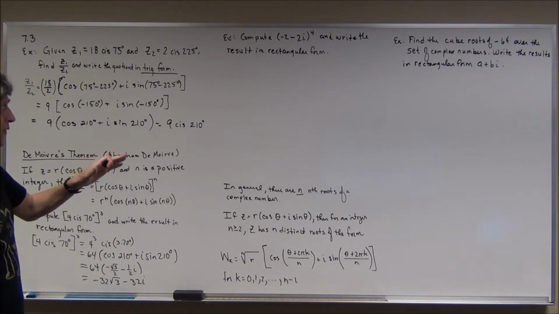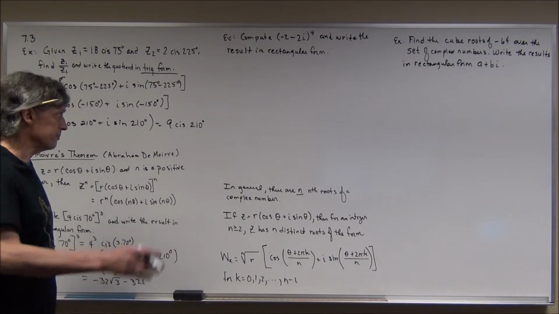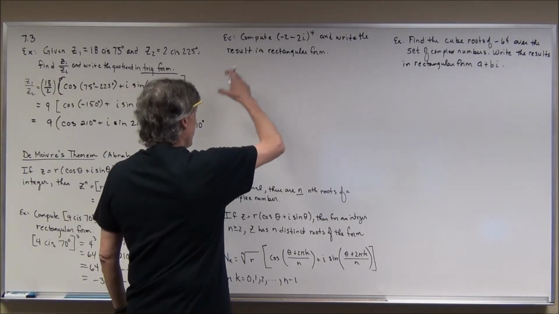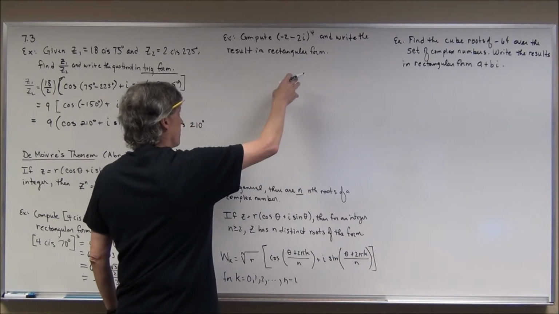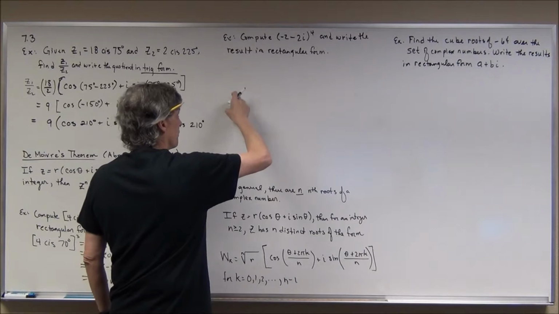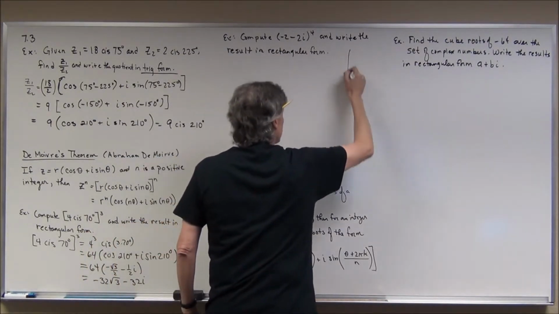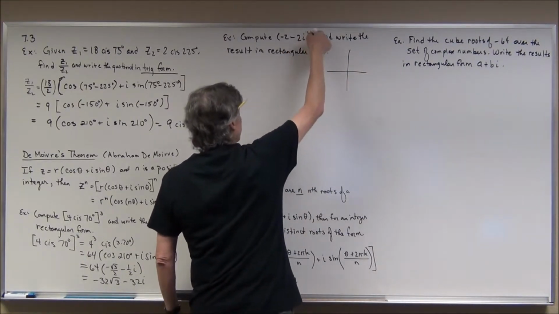But I have to convert negative 2 minus 2i into polar form. Now, instead of going through the actual process of determining what r is, the square root of a squared plus b squared, and figuring out what theta is, because these values are the same, this is a special case. Just the base, not taken to the 4th power.